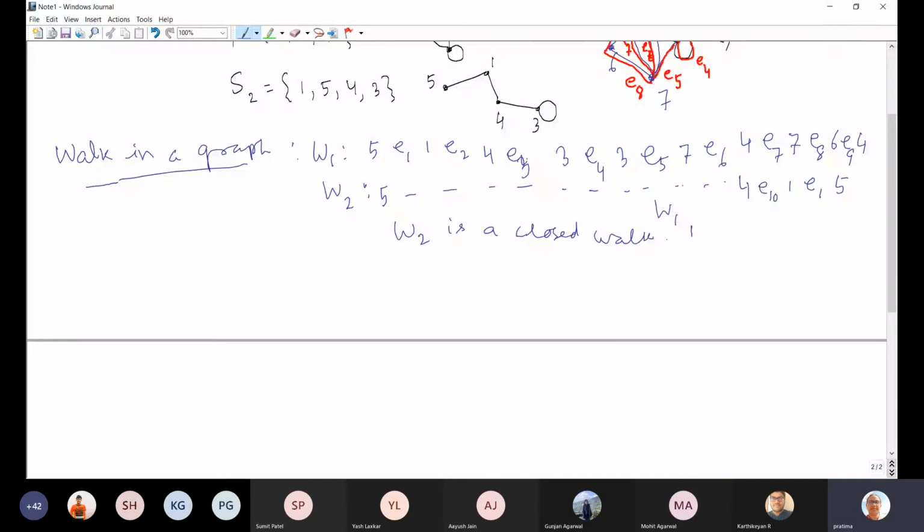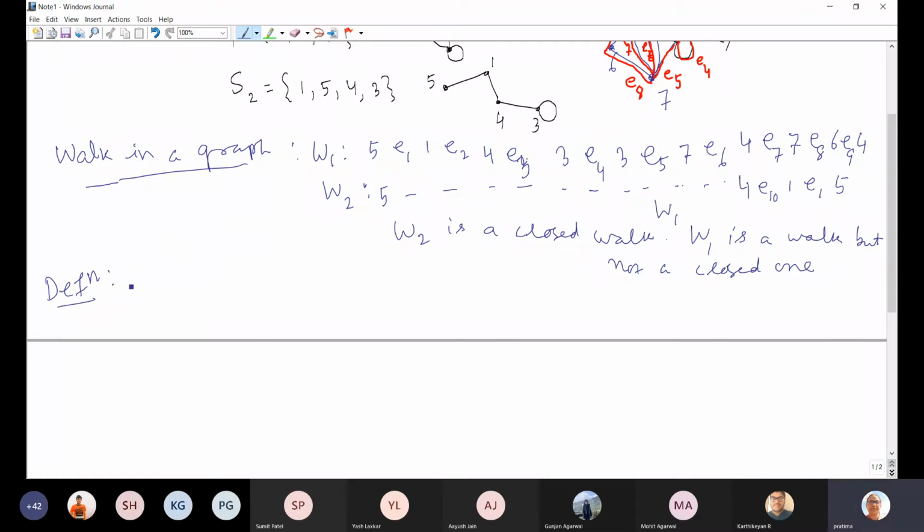W1 is a walk, but not a closed one, right? So therefore, how do we define a walk? Therefore, the definition of a walk.